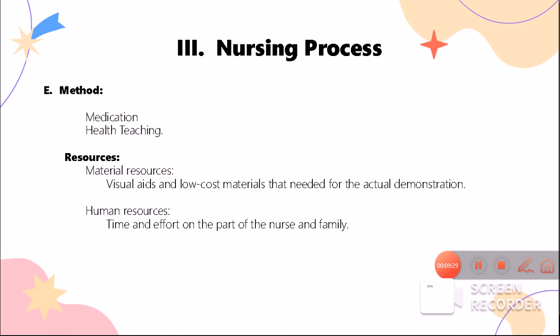Next one is method, medication, health teaching. Next is resources: material resources, visual aids, and low-cost materials, that is, actual demonstration; human resources, time and effort on the part of the nurse and family.